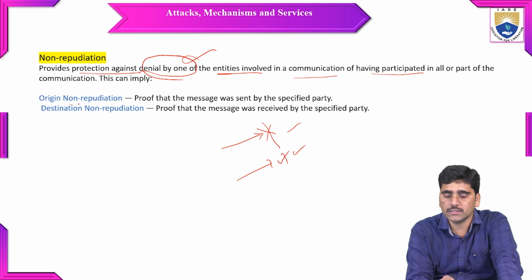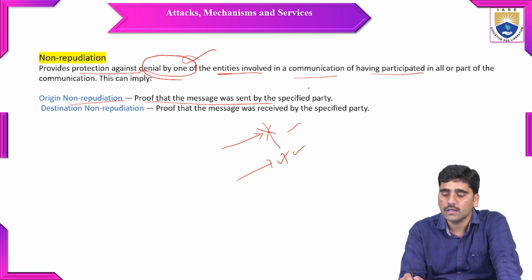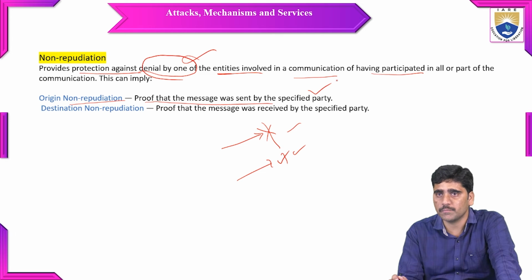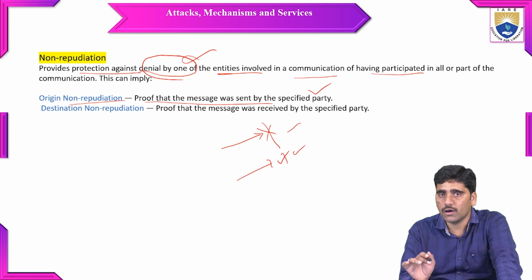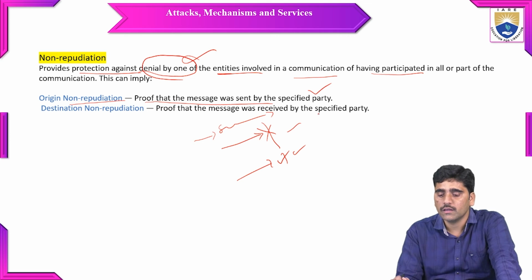Here, origin non-repudiation proves that the message was sent by the specified party. That means that when there is no connection loss, the message sent from source to destination is received by the specified party. So we have the proof. Suppose you take mails: whenever you send a mail from source to destination, the mail user automatically has the sent mails option.